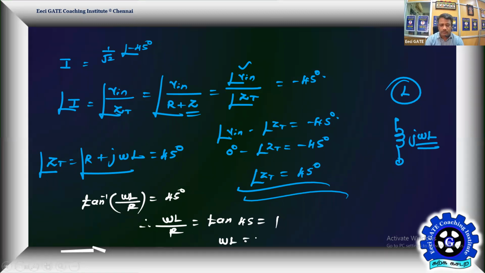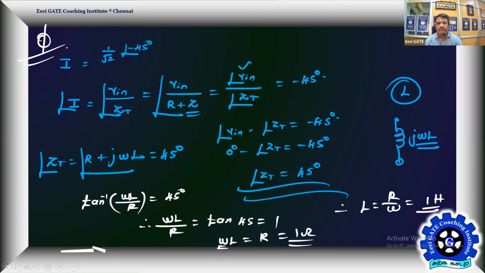So omega L should be equal to R, given as 1 ohm, and omega is given as 1 radian per second. Therefore L is equal to R divided by omega, so it's going to be 1 Henry. That's your answer. This is by the phase angle way, by looking at the phase angle of your total impedance.